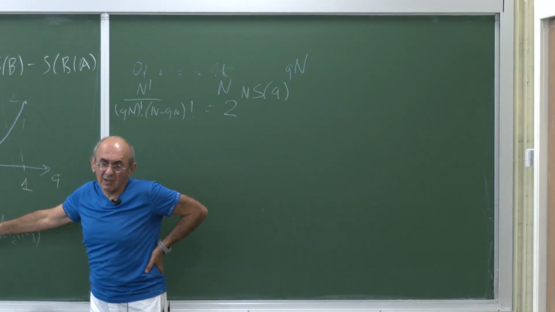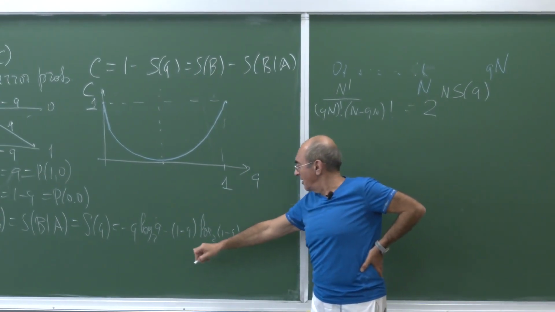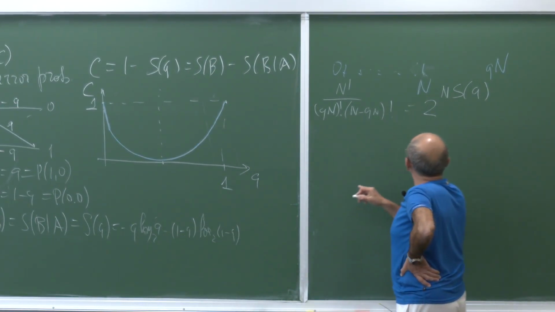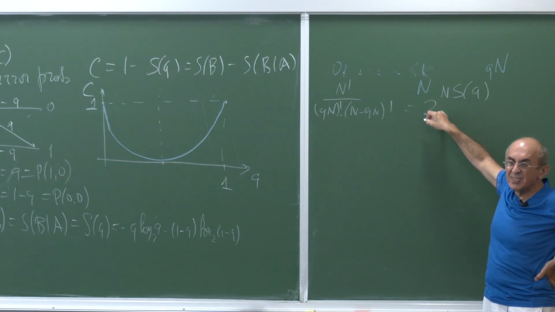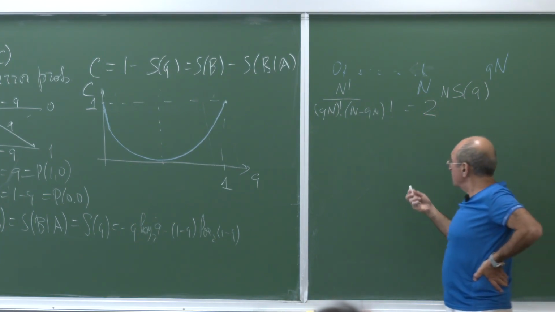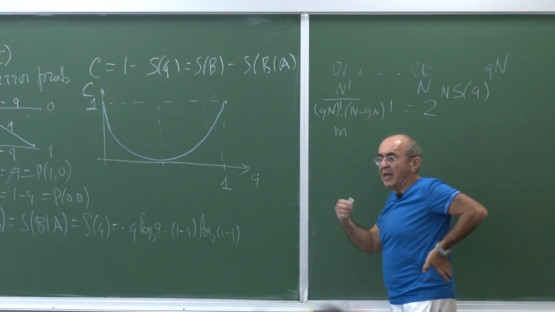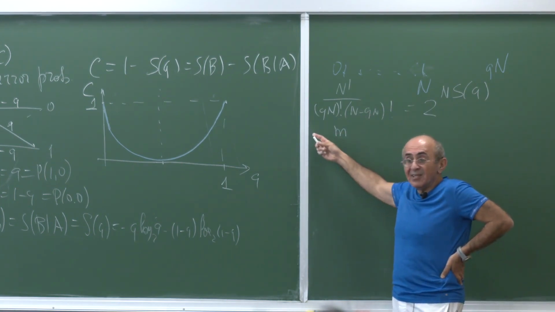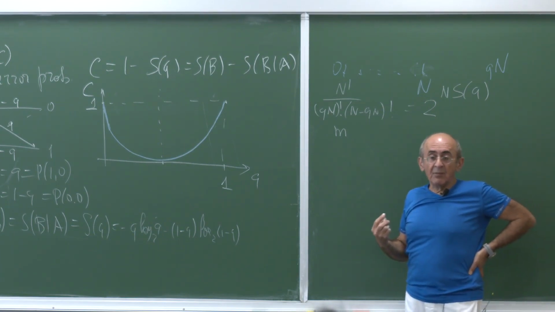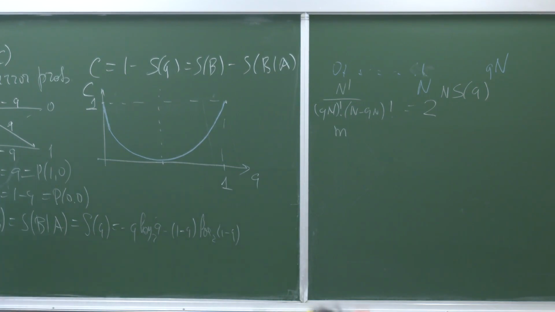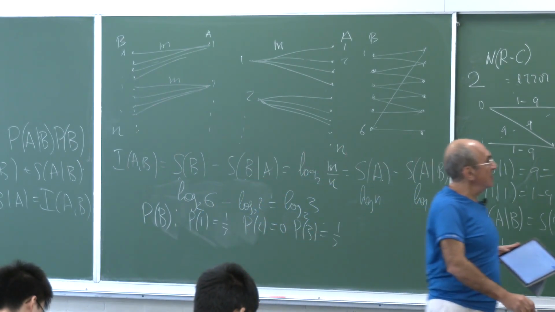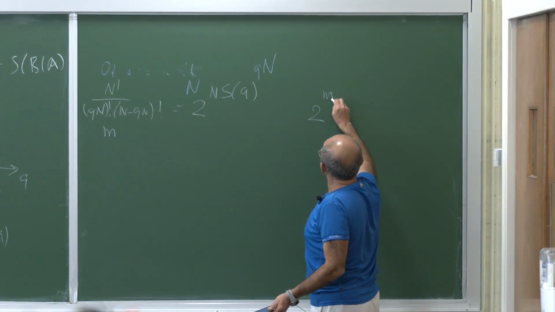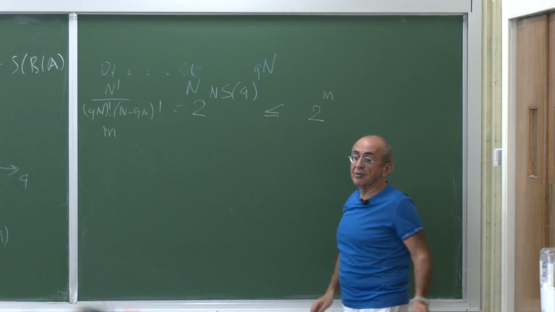I won't derive it by the Stirling formula, you've already seen it ad nauseam, right? But essentially it tells me this is the total number of possible positions of error. And so I need to send also some m error correcting bits. Again, it's non-constructive, right? But it's something which at least tells me where it would go, so that the number of possible configurations will be 2 to the power m, and this must be larger than or equal to this.